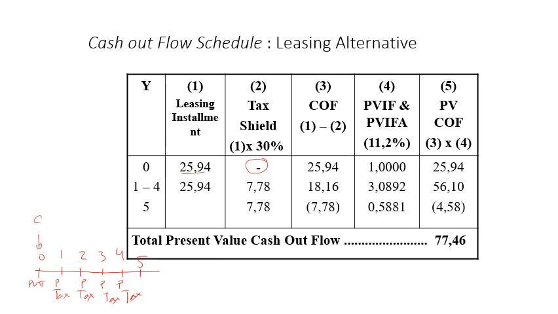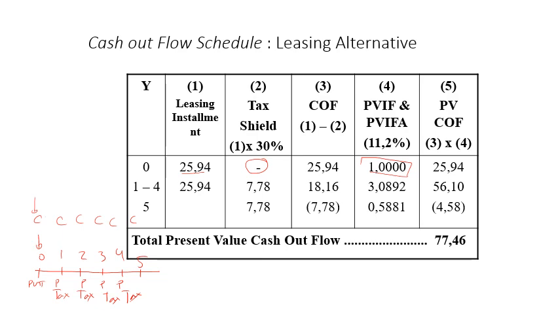So here the cash outflow, cash outflow, cash outflow, cash outflow, cash outflow, and cash outflow. There are 6 cash outflows now. Okay, so at year 0 it remains the same. So then the PVIF is 1.